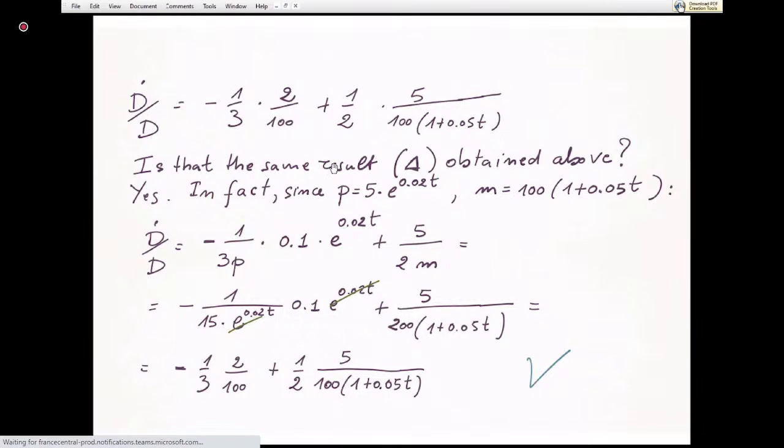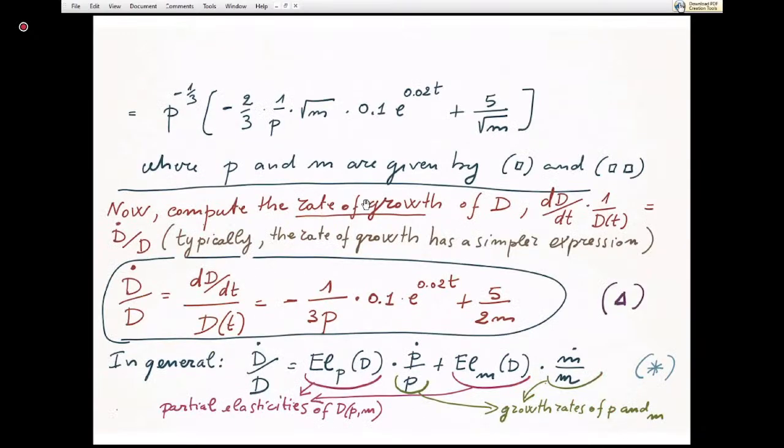You can check immediately that this is the same result obtained above without knowing this property. It's just performing all the computations. It is the same result obtained above because we can have a look at it. We obtained this one, but remember that P is 5 times the exponential of 0.02t, so we have a big simplification here. Also, we have to replace M with its expression.